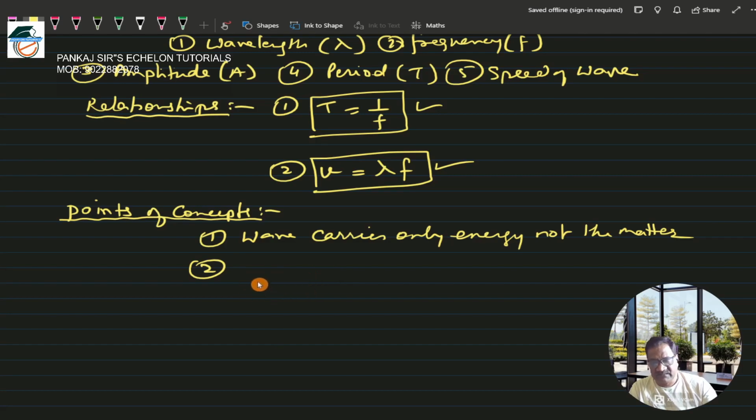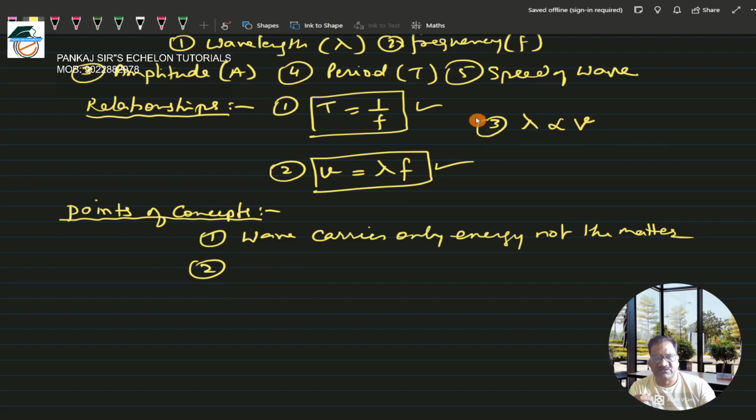Second thing you should understand is when a wave is traveling from, say, a less dense medium to a denser medium, then the speed of the wave changes. Now your third relationship is lambda is directly proportional to the velocity.